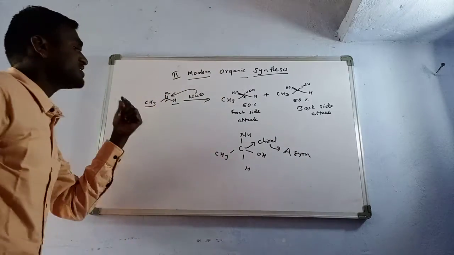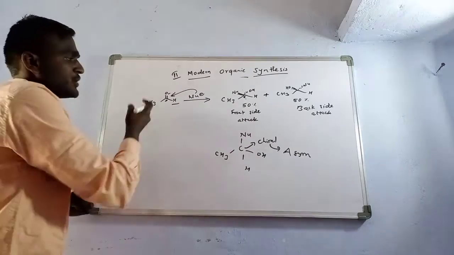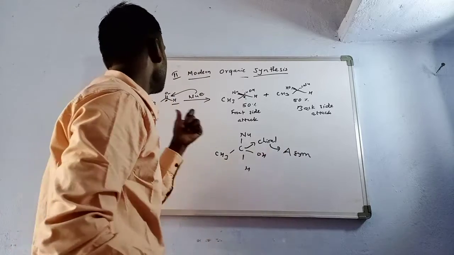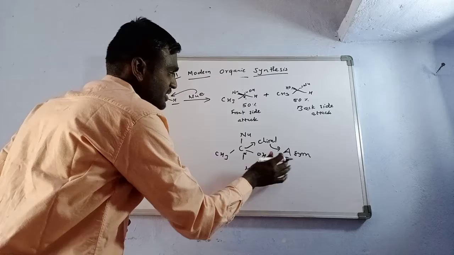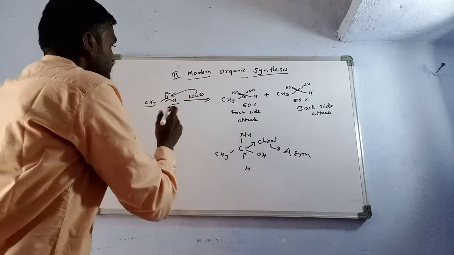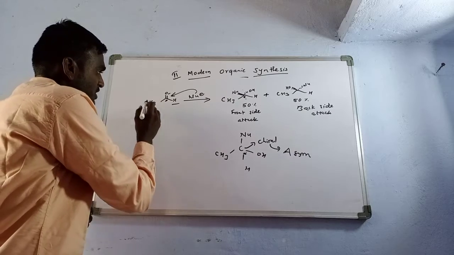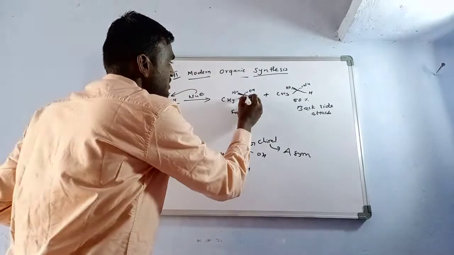So the generation of a new asymmetric center, converting the previous molecule to an asymmetric molecule, is the asymmetric synthesis. What is the definition? A reaction which generates a new stereogenic center.